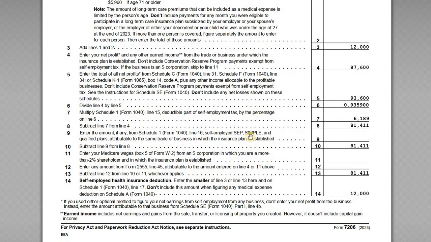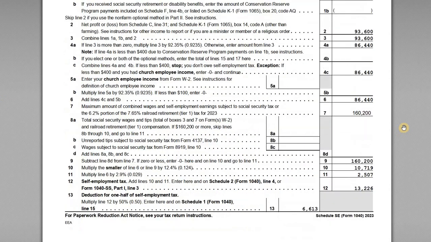So if we look at line 7, it's asking us here to multiply Schedule 1, line 15, which is the deductible part of the SE tax, by the percentage on line 6. So if we look at Schedule SE towards the bottom here, after we calculate all the amount of self-employment tax imposed, the deductible part of the self-employment tax that's assessed on all of the income, right, from the partnership and the Schedule C business for self-employed earnings is $6,613.